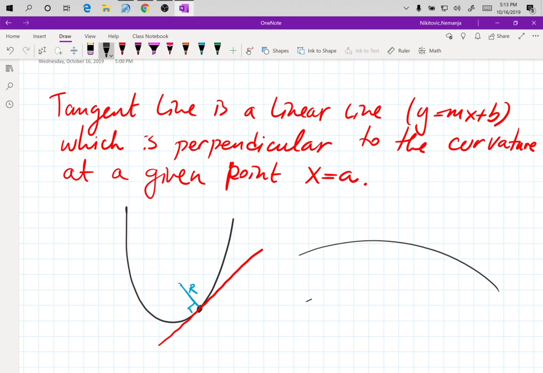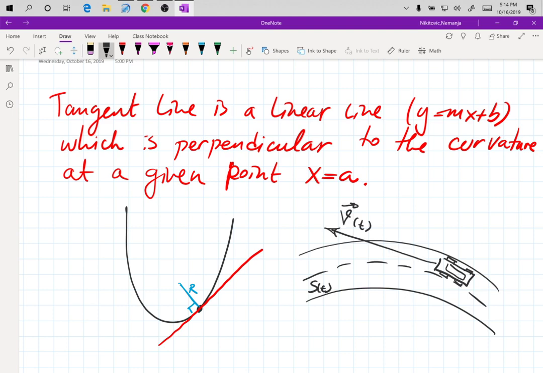The path is s of t, but the velocity is v of t, which is the tangent. And this is a vector because it has a direction in which you are going, and it also has the magnitude, which is how fast you are going, which is known as speed. Obviously, much more on these concepts in Calculus 3 and your physics courses. So a lot of application for the tangent line.